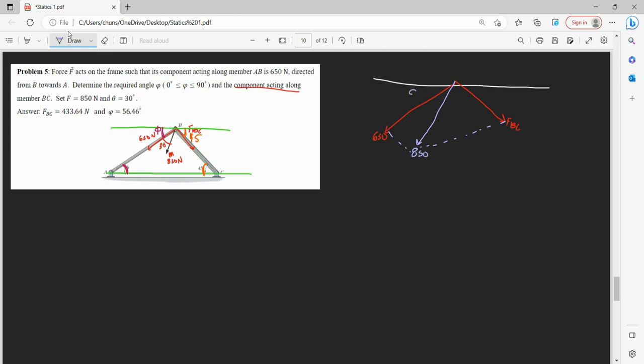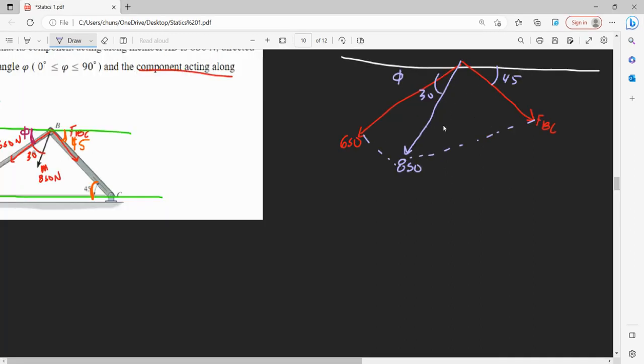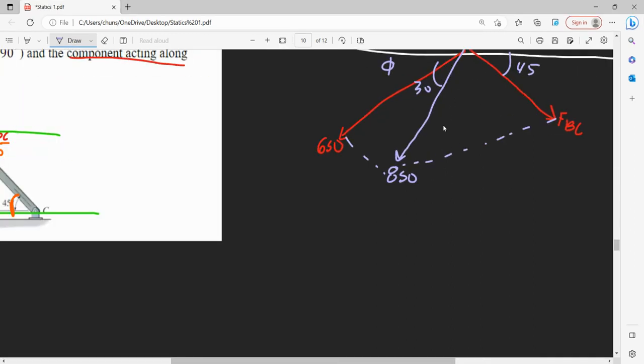Okay, some things we can label. We know that this is phi, 45, 30 degrees. Okay, so what can we do? We can find FBC using some simple cosine law. Right, so a couple other things we should note on here.